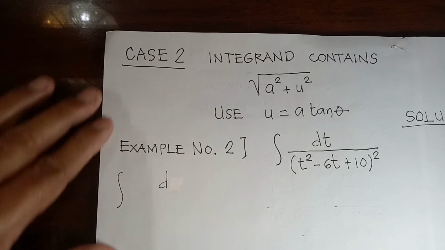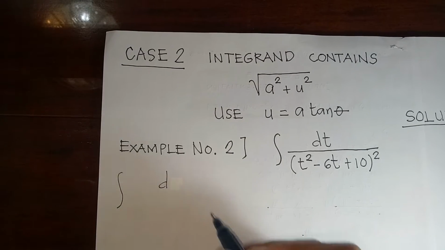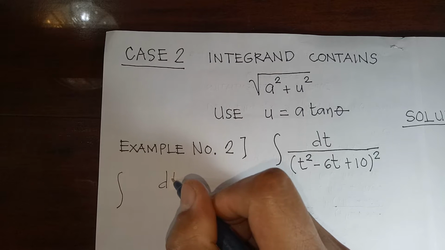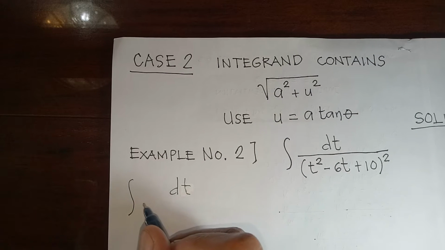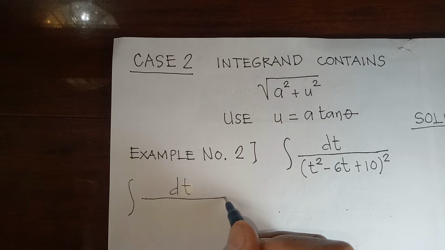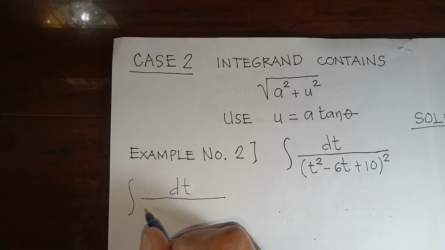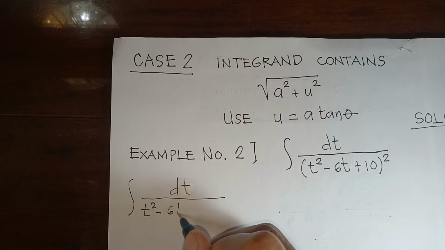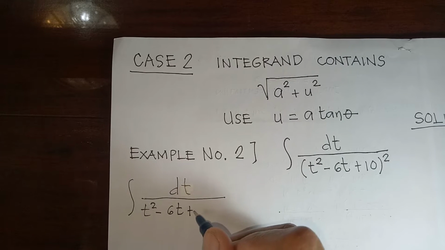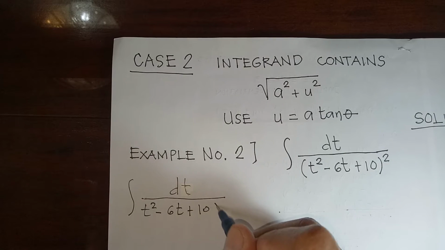So, i-rewrite natin yung problem. Meron tayong integral of dt divided by quantity t squared minus 6t plus 10, quantity squared.